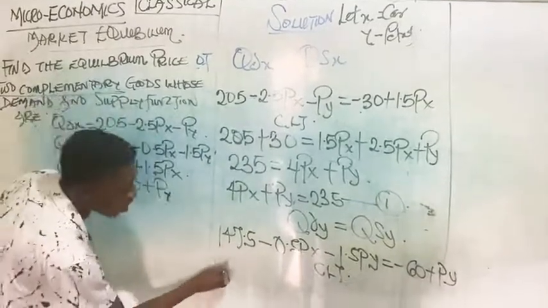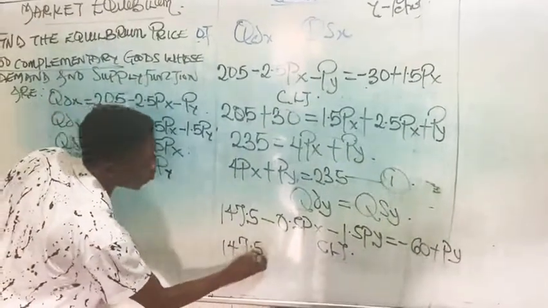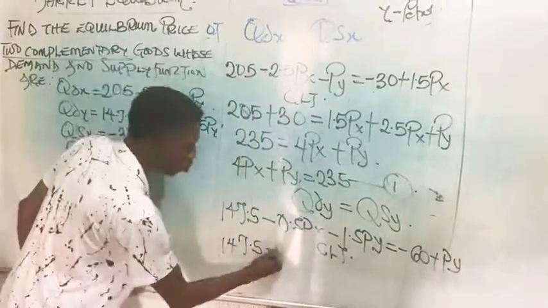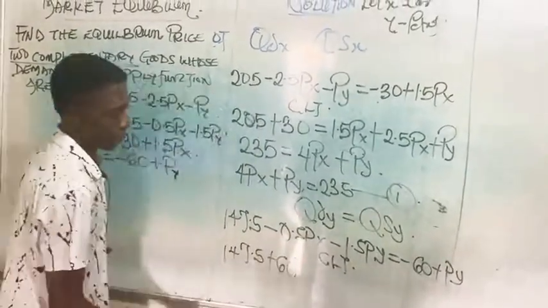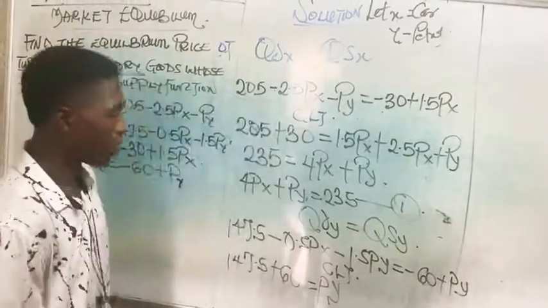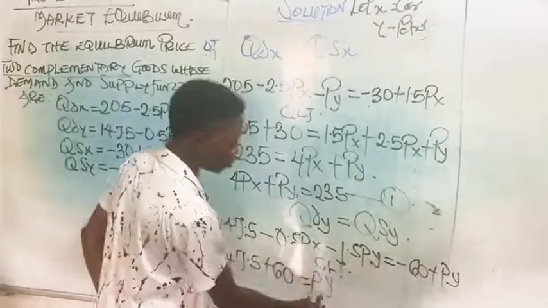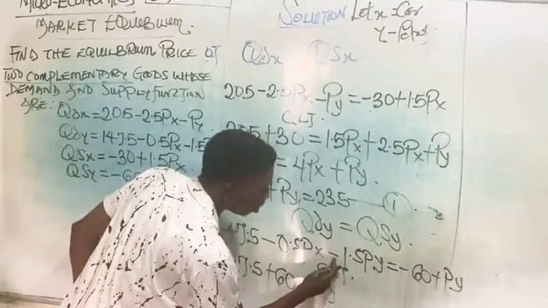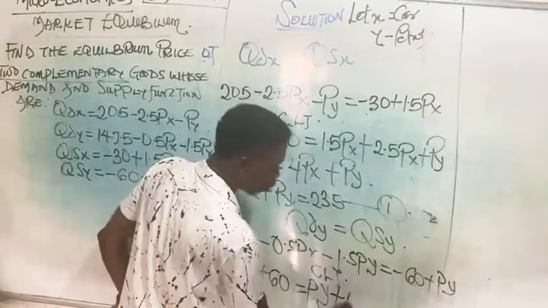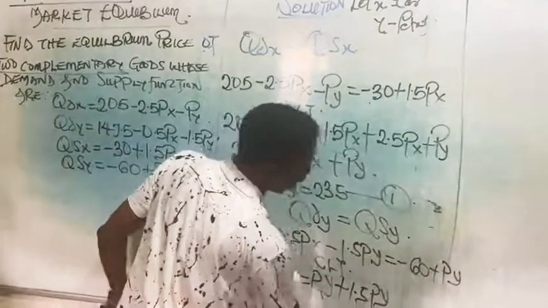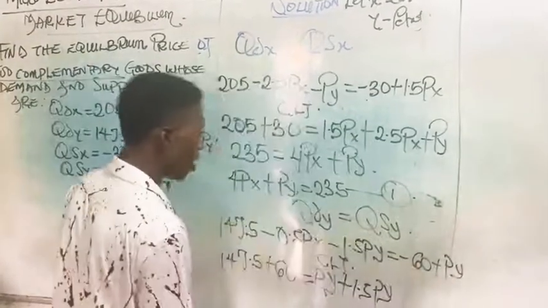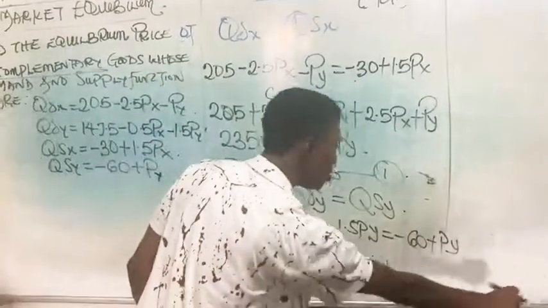So I tend to have 147.5. There's a value here, so which is going to be plus 60 equals to PY. What am I having again? This is PY, this is PY. So this one is minus 1.5 PY. If it is crossed, it's going to be plus 1.5 PY. Can I proceed? Let's proceed.